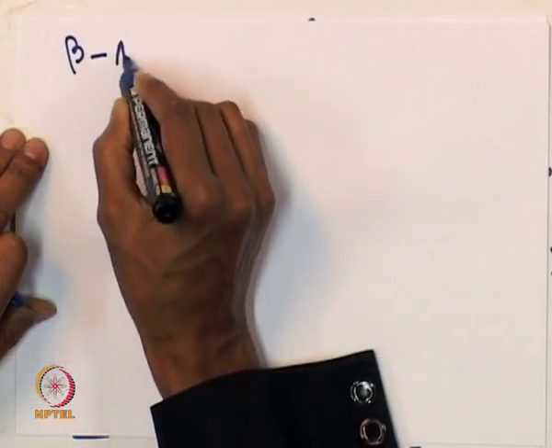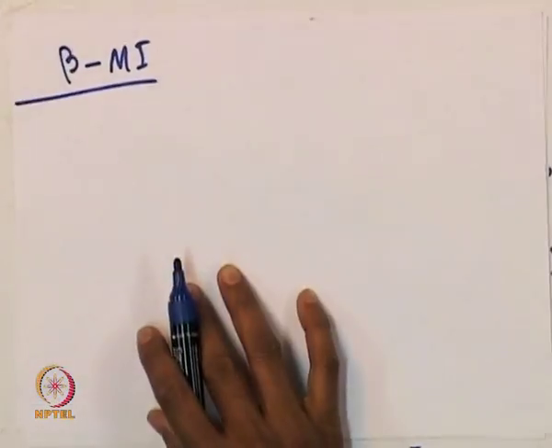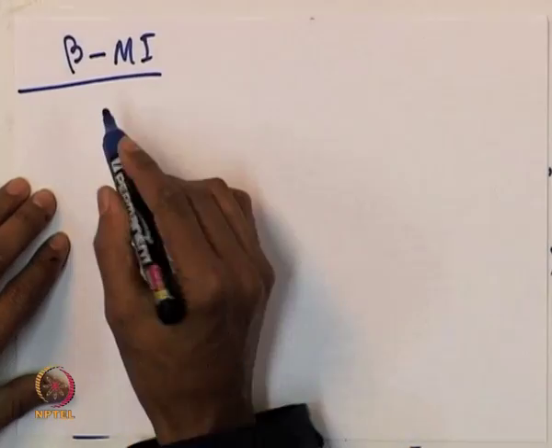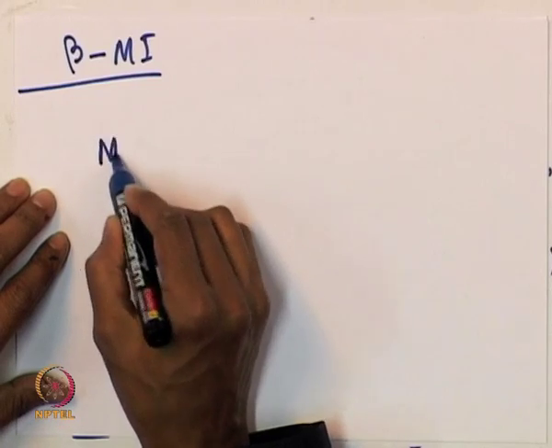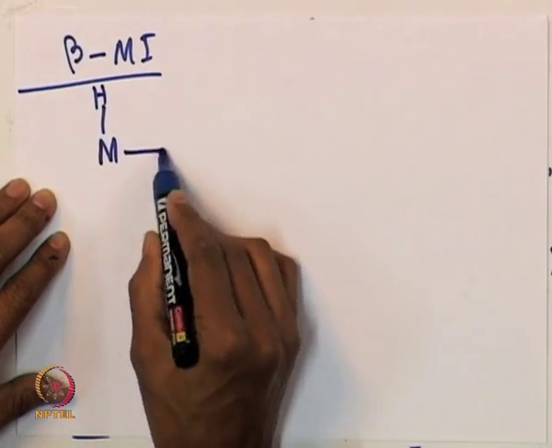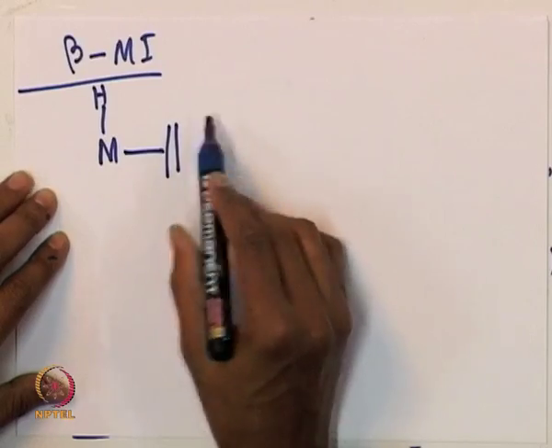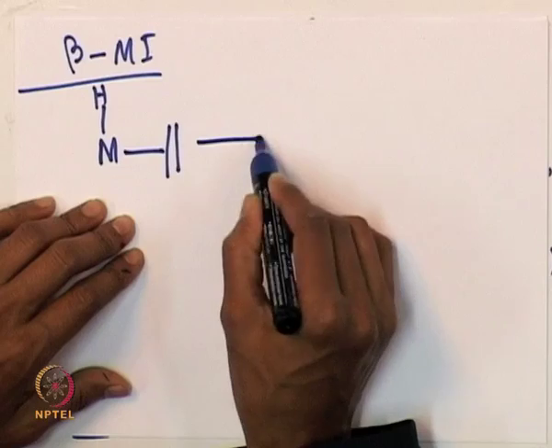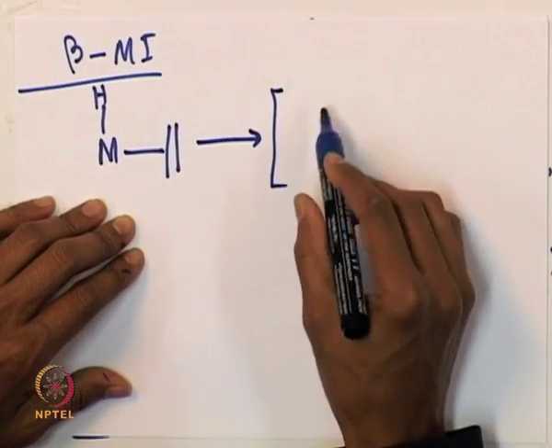Let us look at the beta migratory insertion. Now, the most common one for beta migratory insertion is the one where, let us say, you have a metal with an olefin coordination and hydrogen coordination, and they will undergo a concerted syn addition.